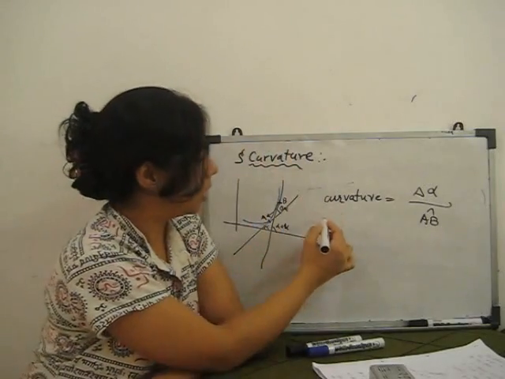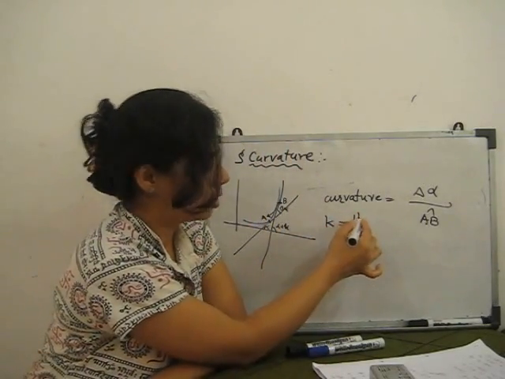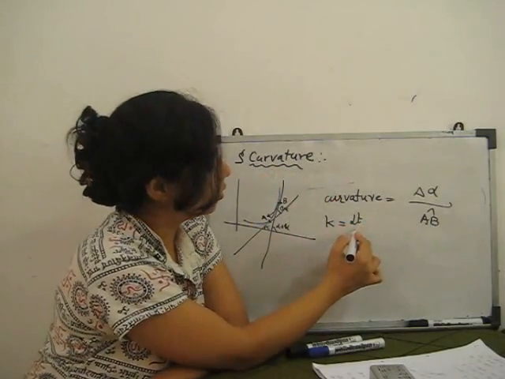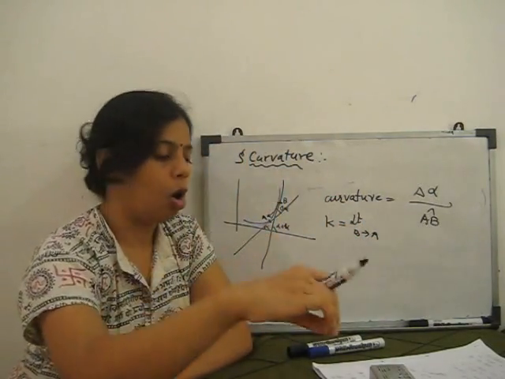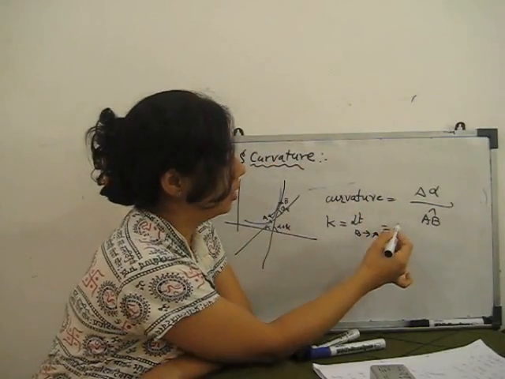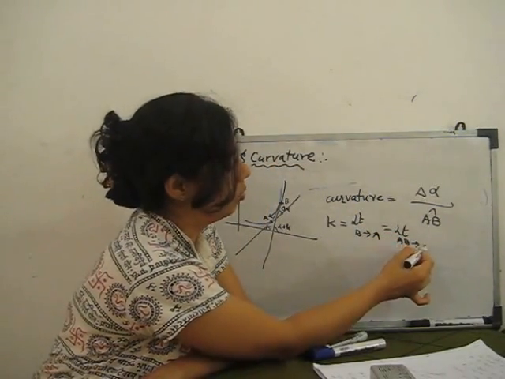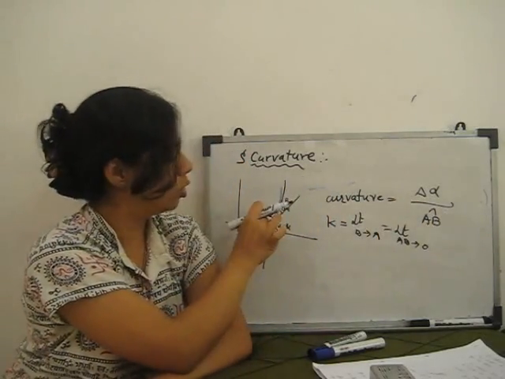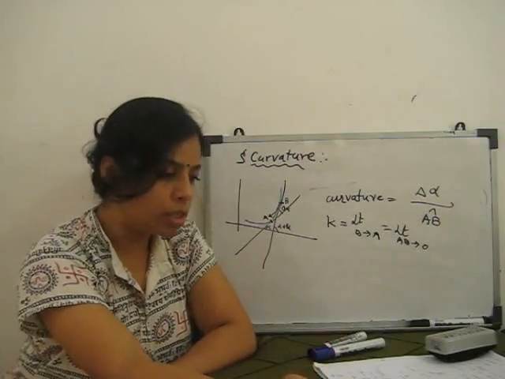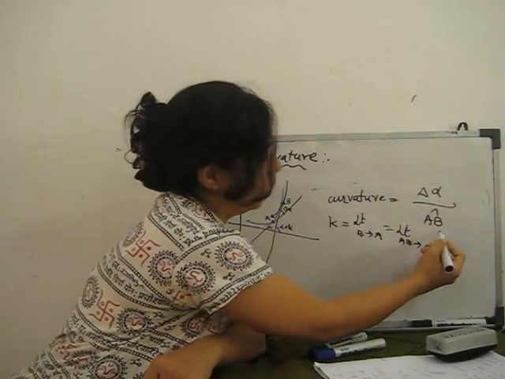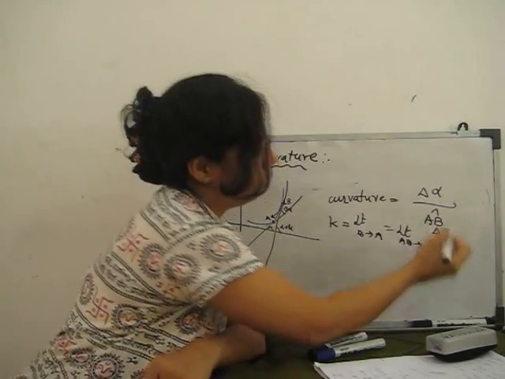We can say curvature K is equal to the limit as B tends to A. If B is going onto A, it means the limit of arc AB tends to 0, because this length is going to be 0. So the limit is del alpha upon arc AB.